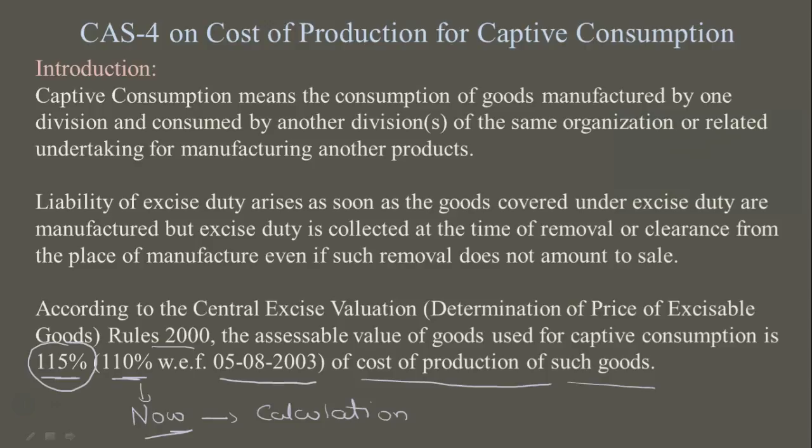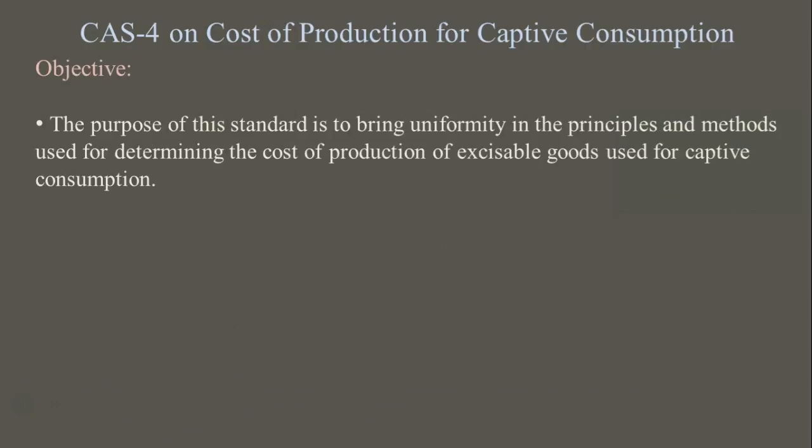So now let's start with our objective. What is the objective of preparing Cost Accounting Standard 4? So the first objective, the purpose of this standard, is to bring uniformity in the principles and methods used for determination of the cost of production of the excisable goods used for captive consumption.